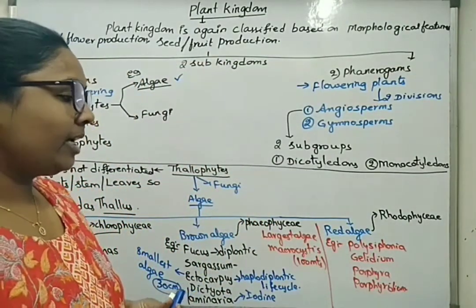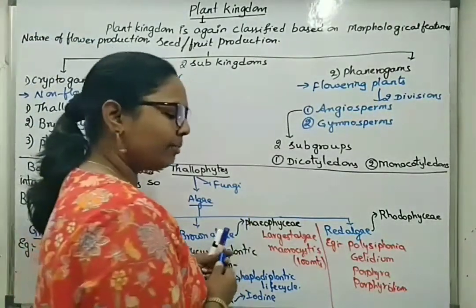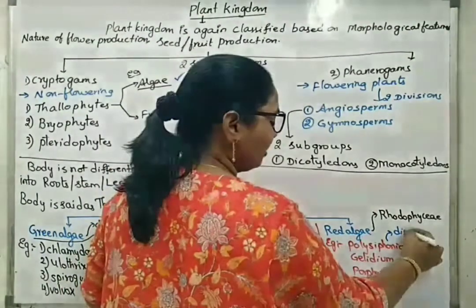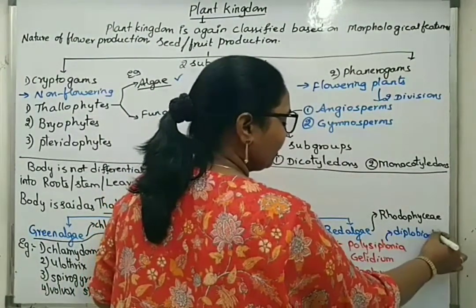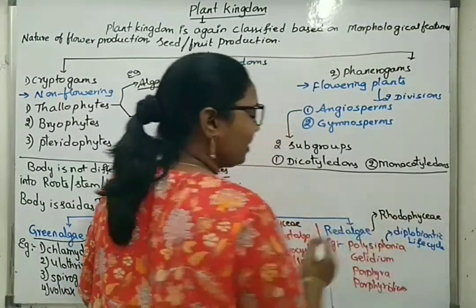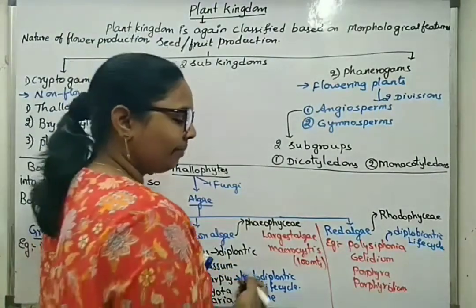Polysiphonia is said to have a diplobiontic type of life cycle. We will see about all those terms later, because we have a separate topic regarding the types of life cycle: haplontic life cycle, diplontic life cycle, etc.